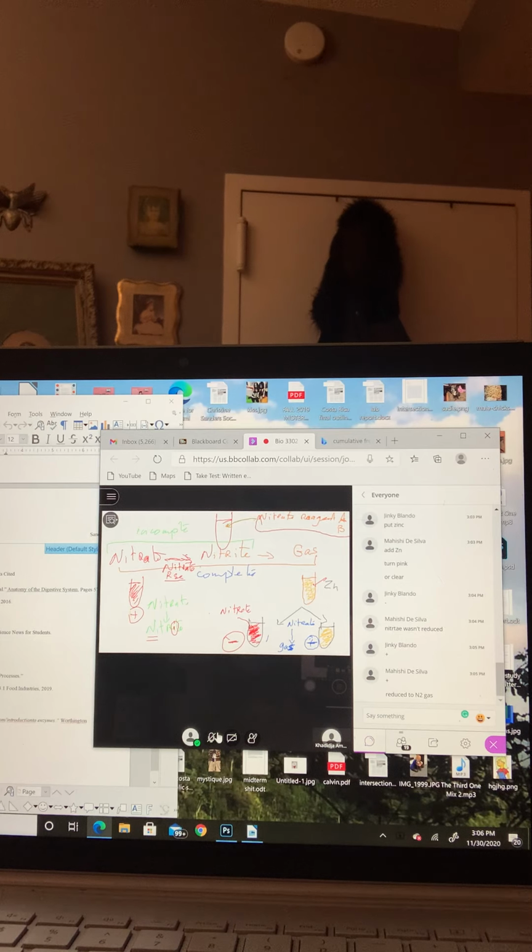So here you can see whether the reduction of the nitrate is complete or incomplete, to the gas, using two types of enzyme, the nitrate reductase and the nitrite reductase. Any questions for this piece?